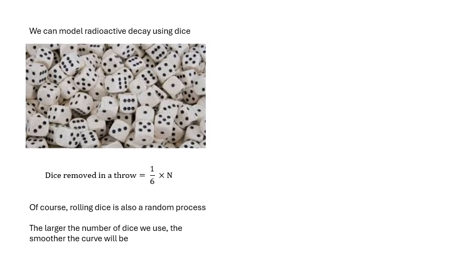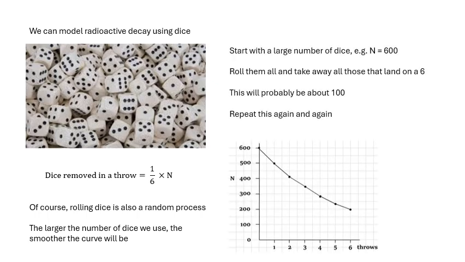Okay, the larger the number of dice we use, the smoother the curve will be. Yeah, so you start with a large number of dice, you roll them all, take away all the ones that land on a 6, and it'll probably be about 100, won't it? And then you do it again and again.